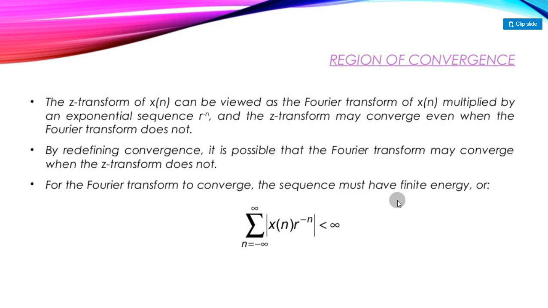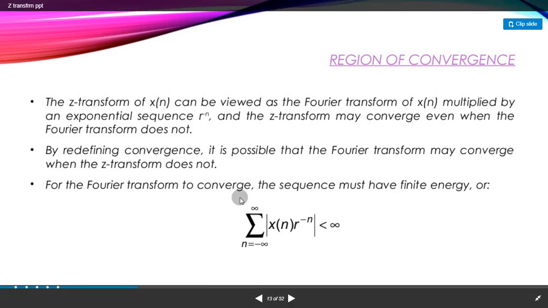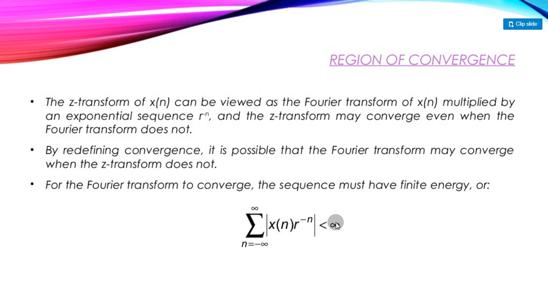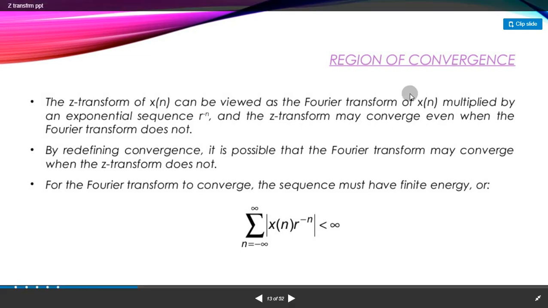By redefining convergence, it is possible that the Fourier transform may converge when the Z transform does not. For the Fourier transform to converge, the sequence must have finite energy, as we have already discussed with the Parseval condition. Without that we cannot use the Fourier transform to convert the signal from time domain to frequency domain.